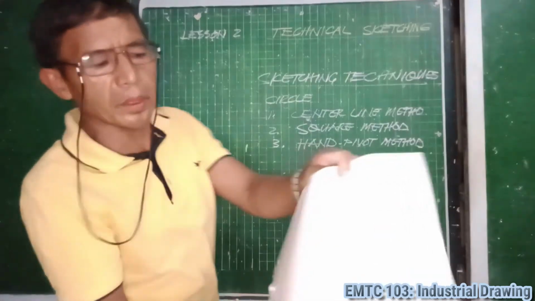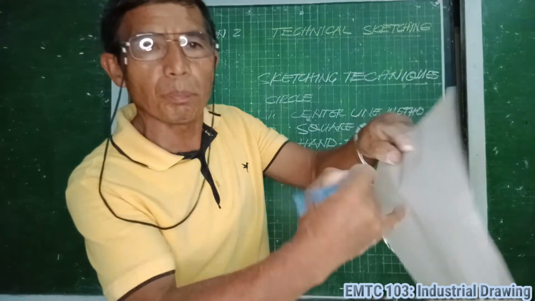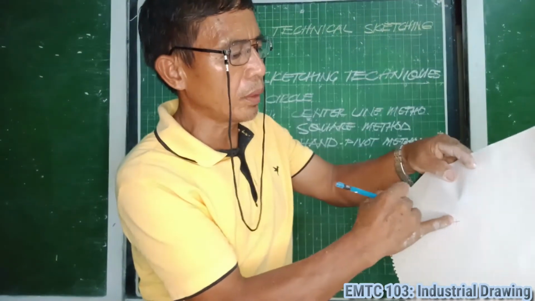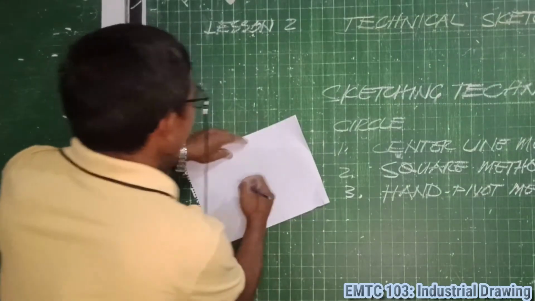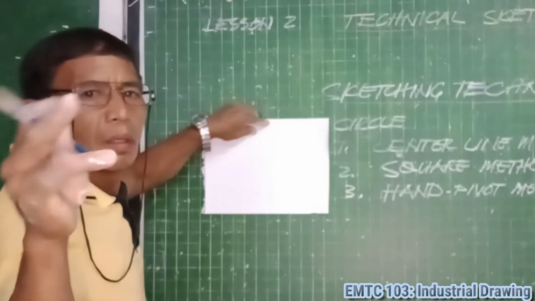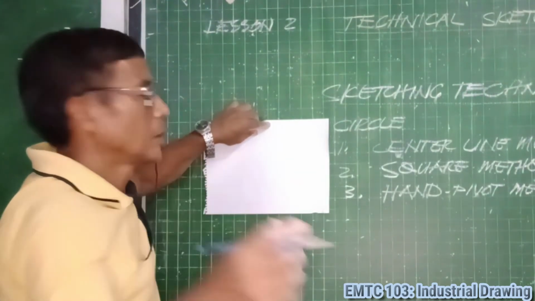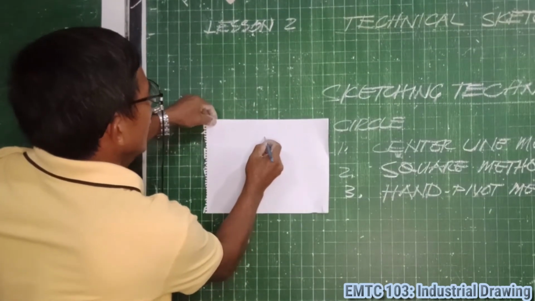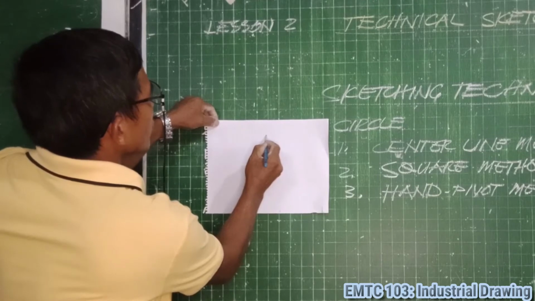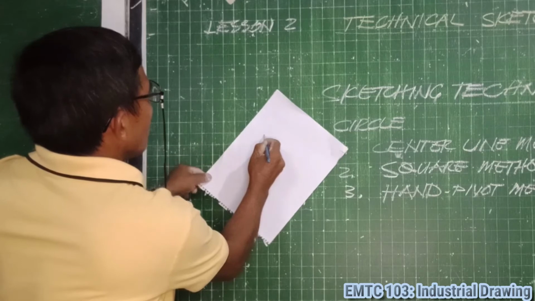If this is the center of the circle, you use the tip of your small finger to pivot. You sit it at the center, then rotate the paper like this. Any finger will do. Then you sit it at the center of the circle, estimate the radius, and slowly rotate the piece of paper.